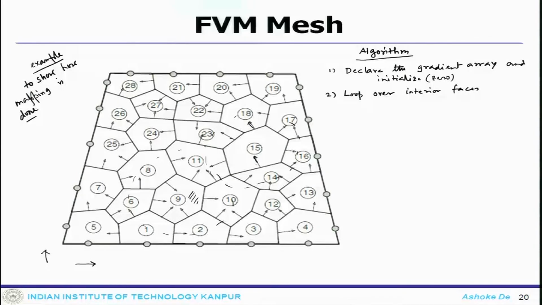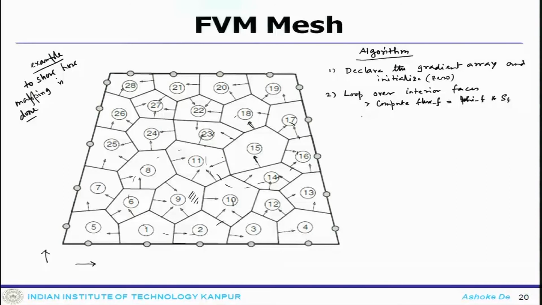There you compute the flux, flux equals phi into SF. So, you first declare the gradient array, then loop over these interior faces, go by these faces and compute the flux.